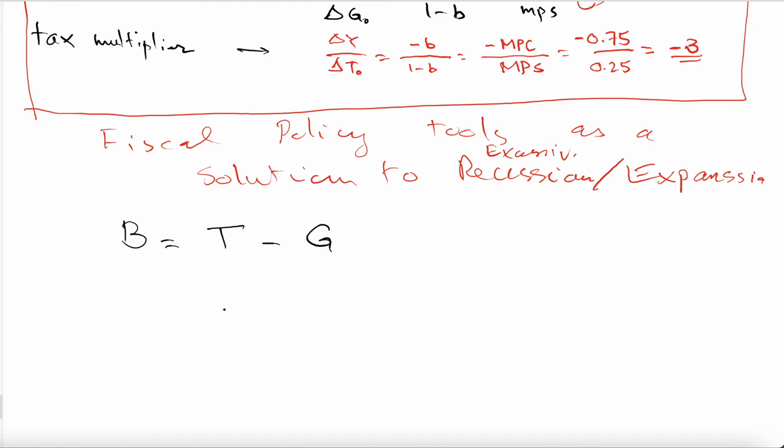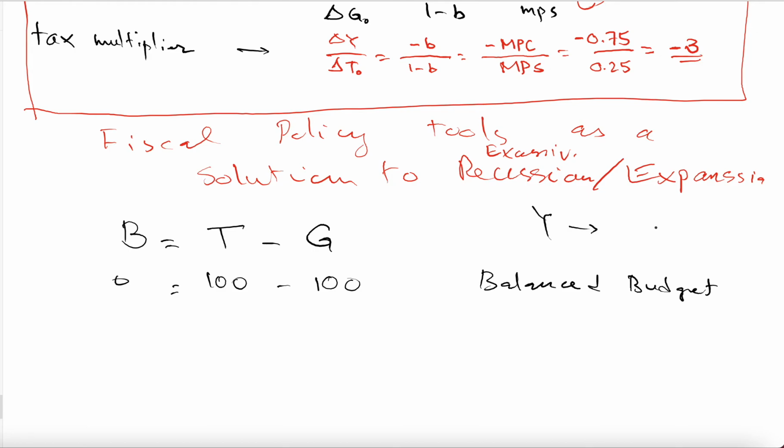Imagine that in our initial state this was 100 and this was 100, so this is 0. So this is called balanced budget.